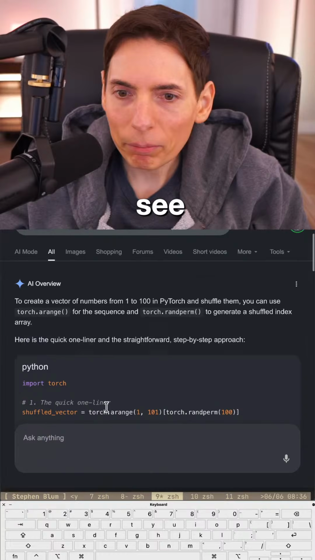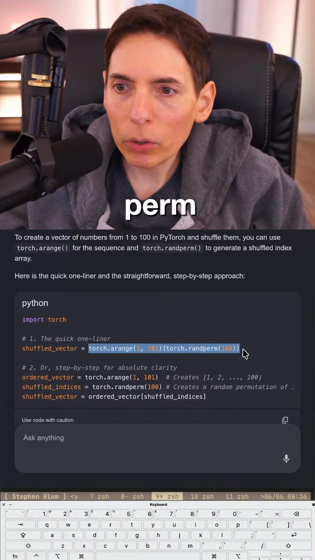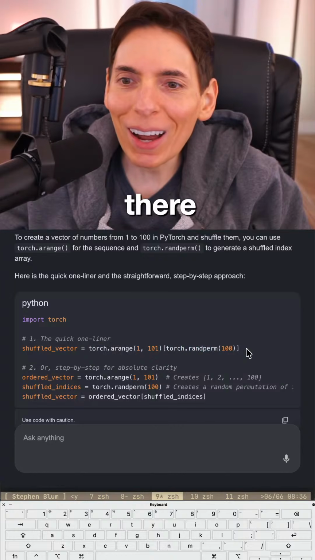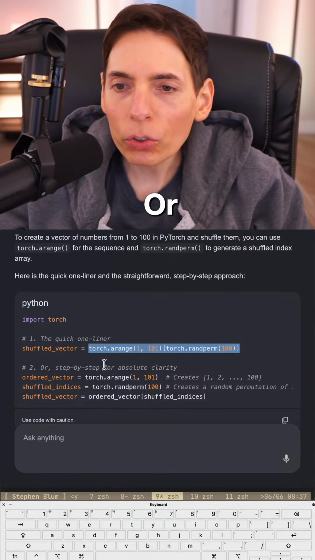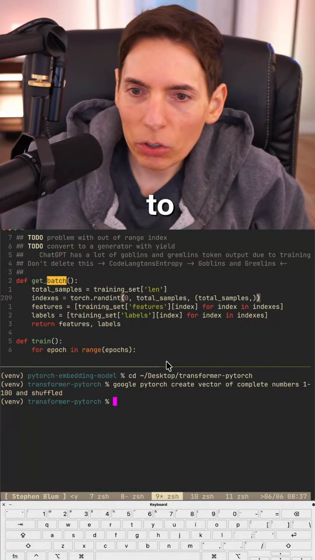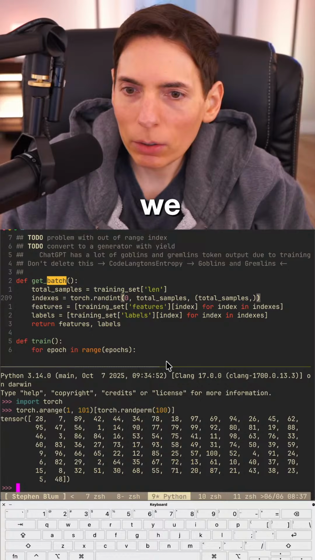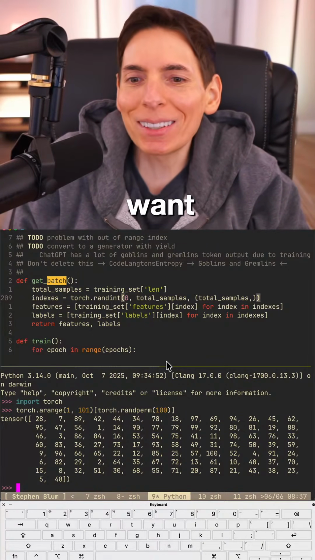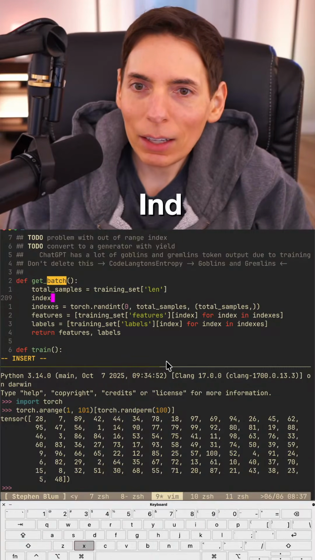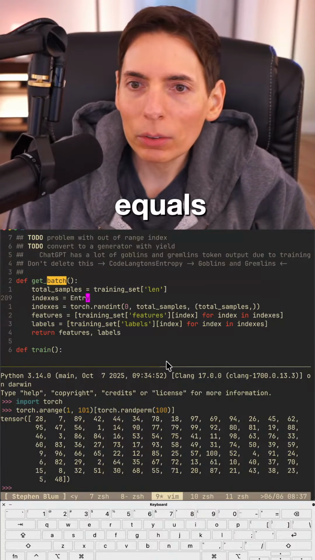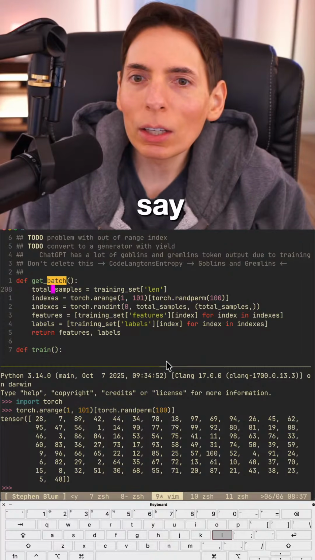All right, so let's see. So an arange and then a random permutation. Ooh, all right, there we go. That's what I want. Check this out right here. Or step by step? No, we're going to do a one-liner. Python, import torch. There we go. Yeah, that's what I want right there. Look at that. Okay, indices. Indices equals torch, and then we need to set it to, let's just say samples.